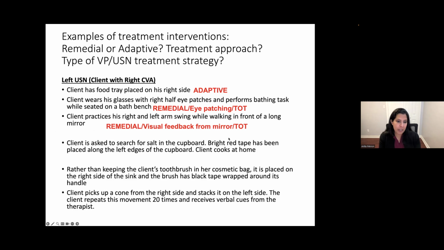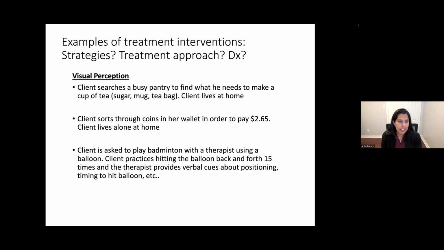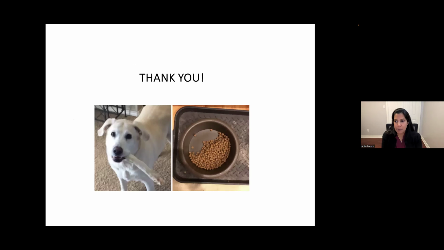That's a task-oriented approach, and again remedial because they're practicing it repetitively. These are examples of different types of treatment approaches, interventions and strategies that are all listed here, and you'll have all these responses at the end. That's pretty much it.